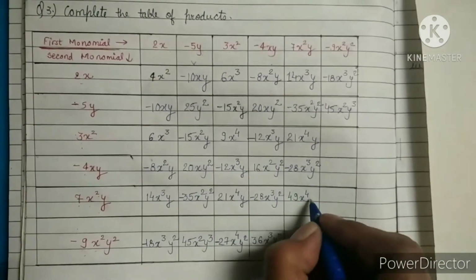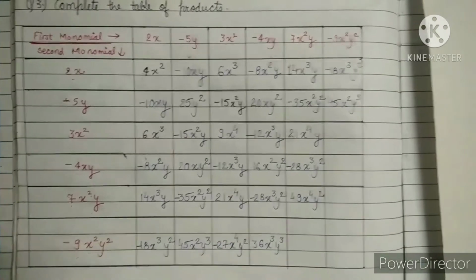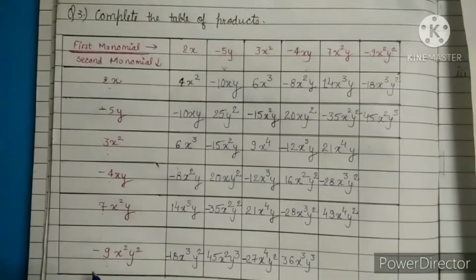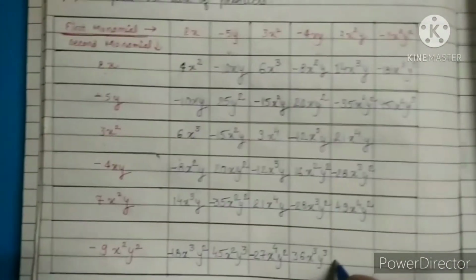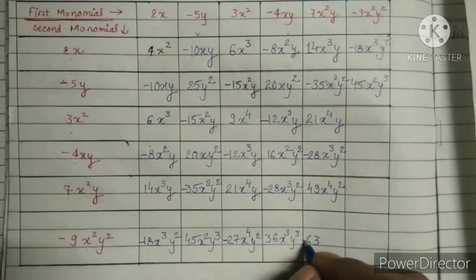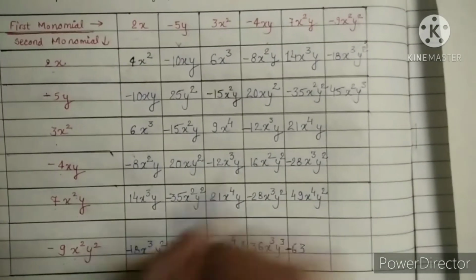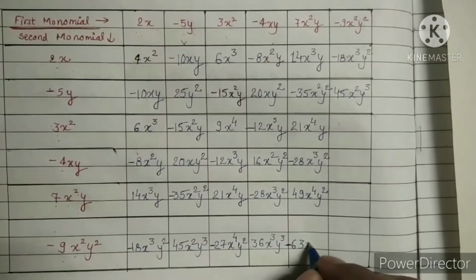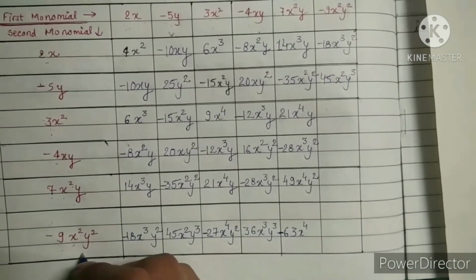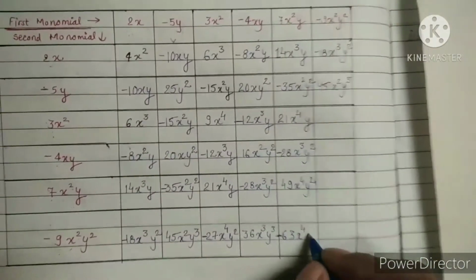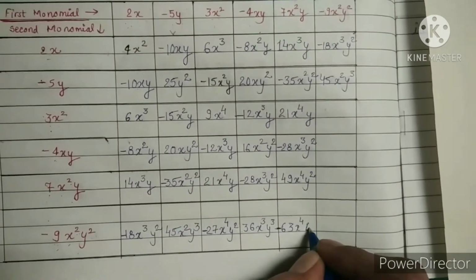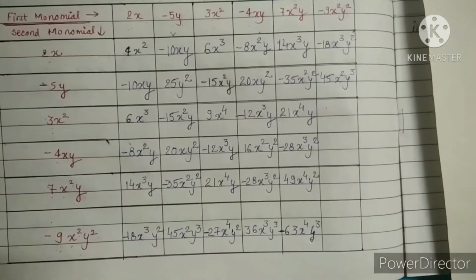Y into y, y is to power 2. Okay. Now 9 7s are 63, but as a minus. X is to power 2, x is to power 2. So here x is to power 4, y is to power 2 and y. So y is to power 3.